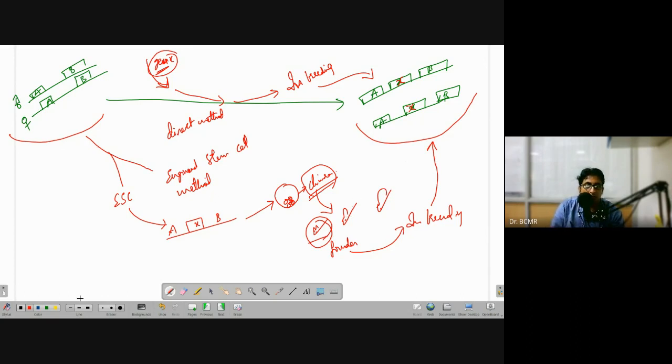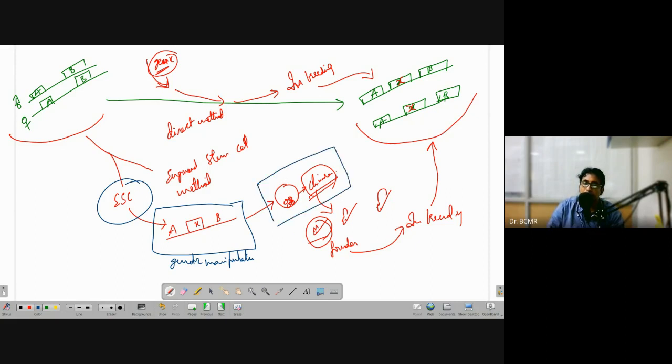I would want to focus more on the engineered embryonic stem cell method. We take embryonic stem cells, and we do the genetic manipulation here. And here we are actually doing the embryo manipulation.